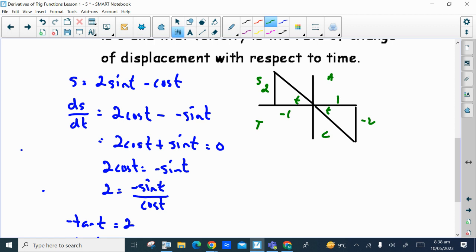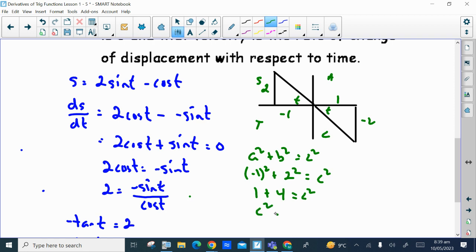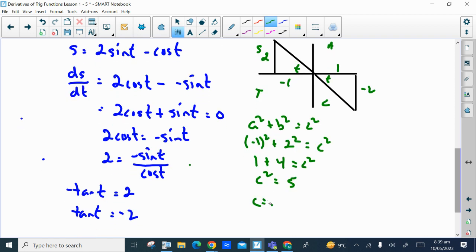We can find the length of the third side by using the Pythagorean theorem. So we're going to get 1 plus 4 equals c squared. C squared will equal 5, and c then will equal the root of 5. And the hypotenuse is always positive.